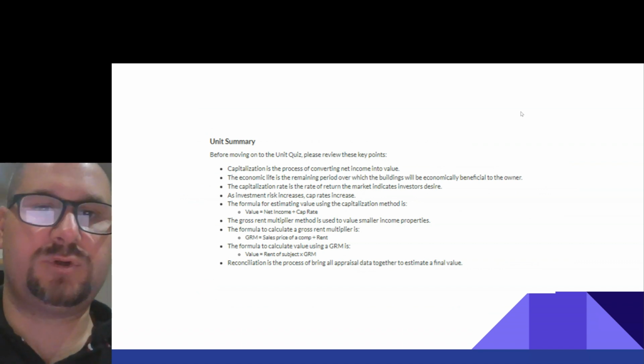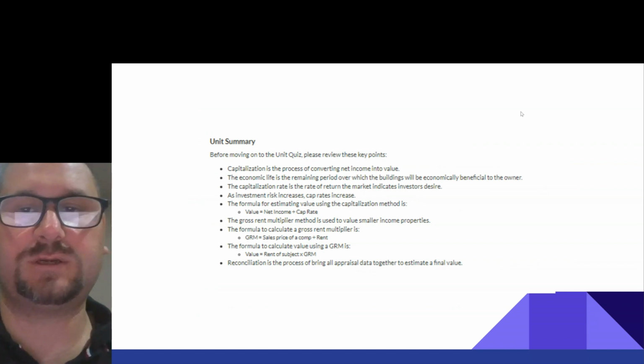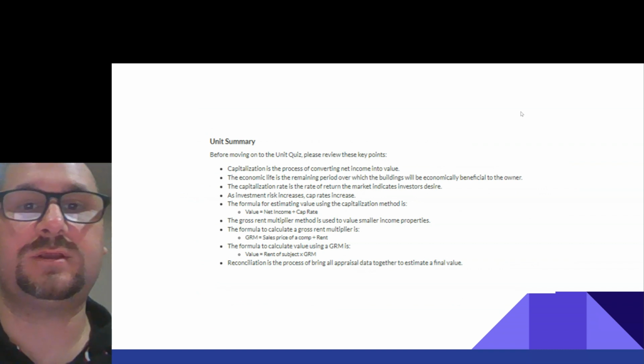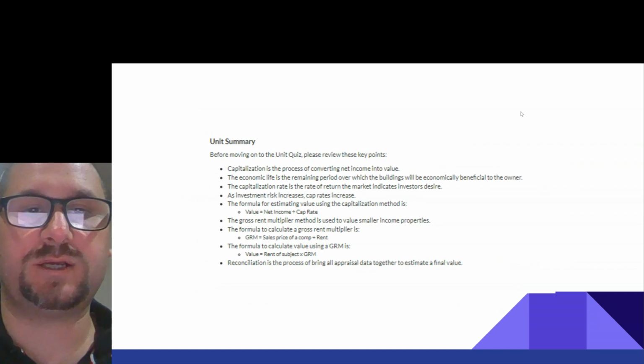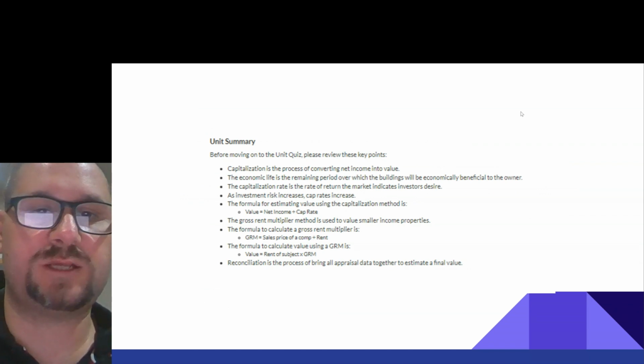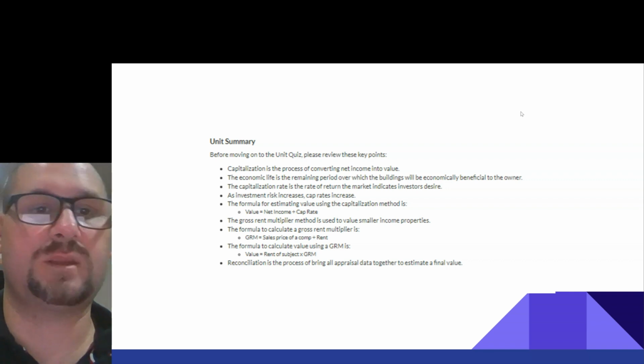The gross rent multiplier method is used to value smaller income properties. The formula to calculate a gross rent multiplier is gross rent multiplier equals the sales price of a comp divided by the rent.